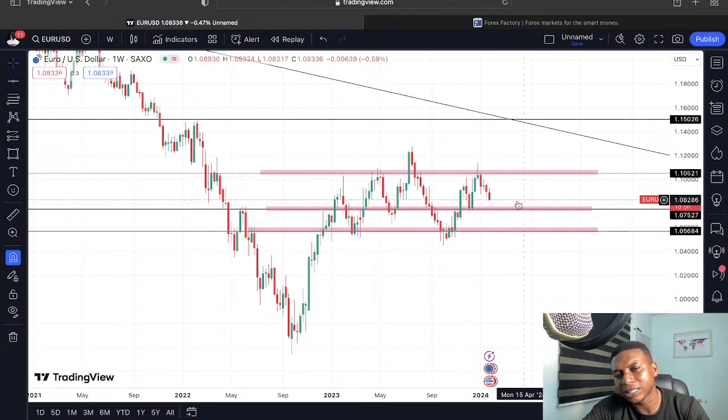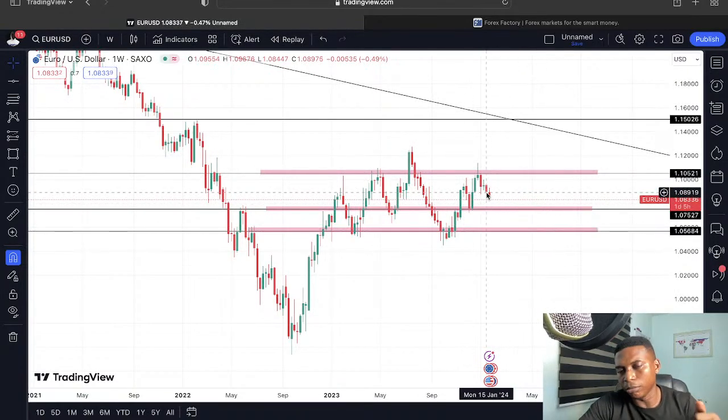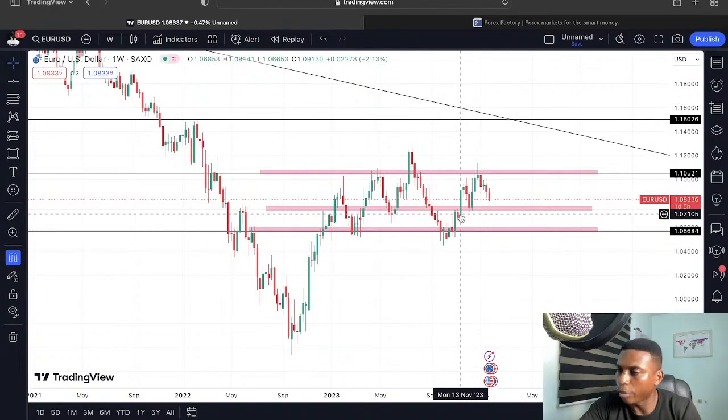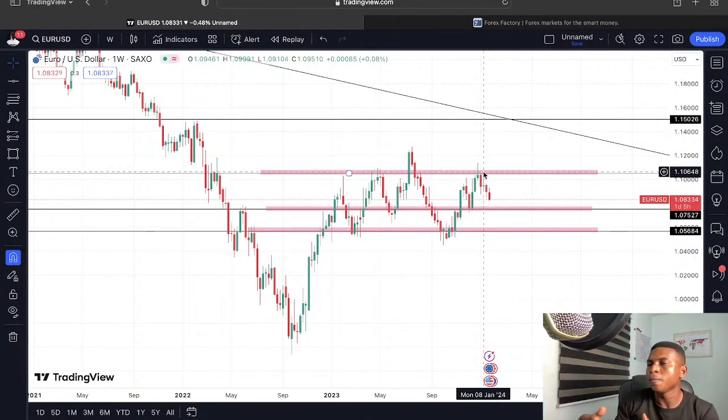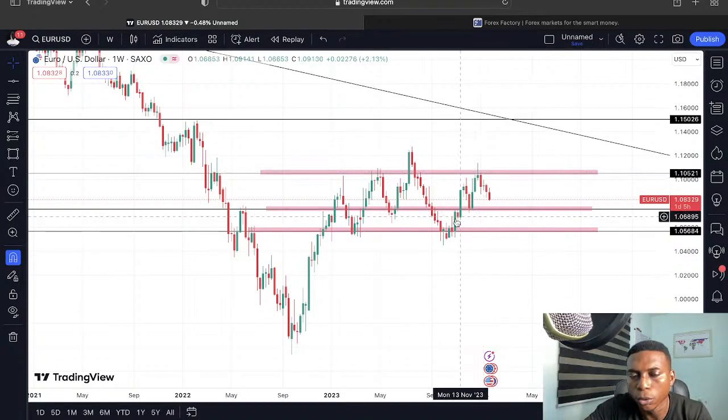The support zone most definitely played its critical role when price got to this level, and we saw a pin bar formed. A pin bar at a support zone indicates just one thing: market reversal. When you see a pin bar at a support or resistance zone, it indicates market reversal.